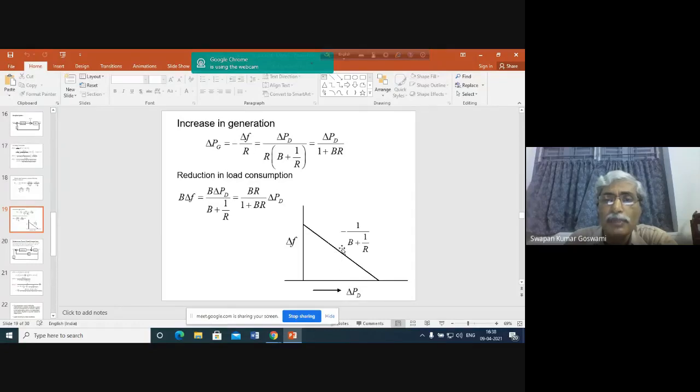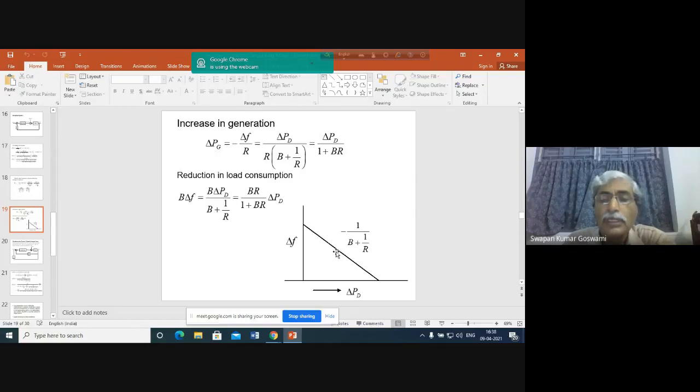And obviously according to these characteristics, this will be the operating frequency then. Frequency will vary from here at no load to here at the full load condition. In between somewhere, this was the operating point at a certain instant of time. So this was the frequency and this was the power delivered to the load.